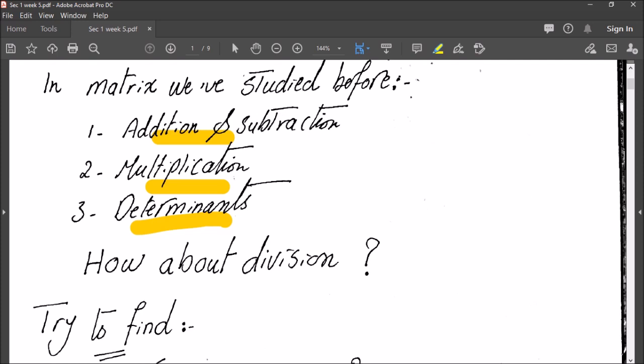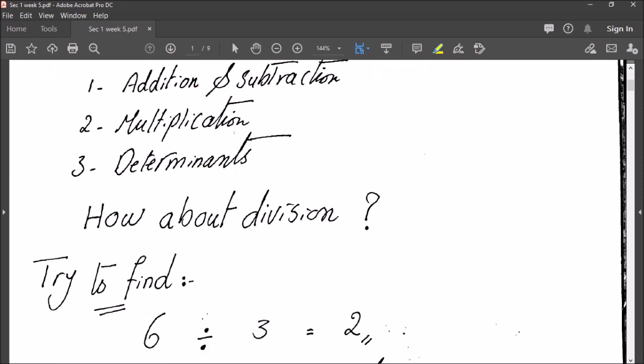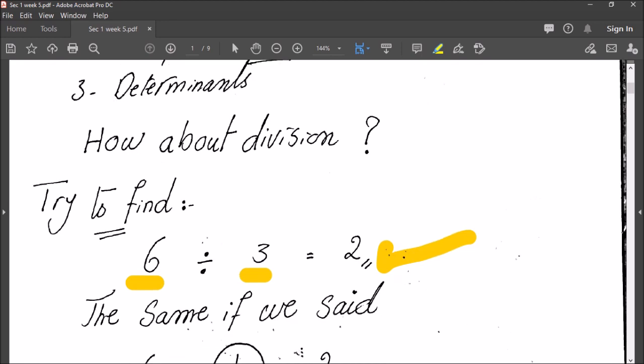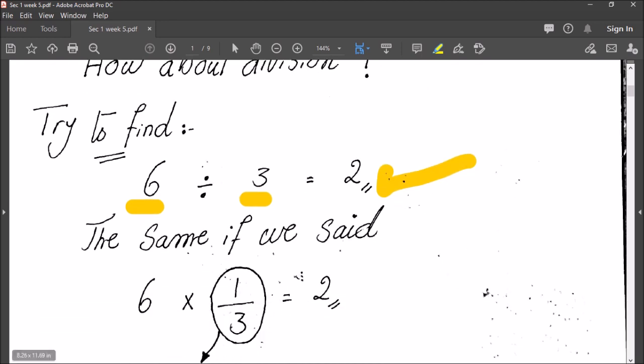The answer is simple. There is no matrix division, but first let me solve this arithmetic question. 6 divided by 3 equals 2. That's correct. How about if we said 6 multiplied by 1 over 3?